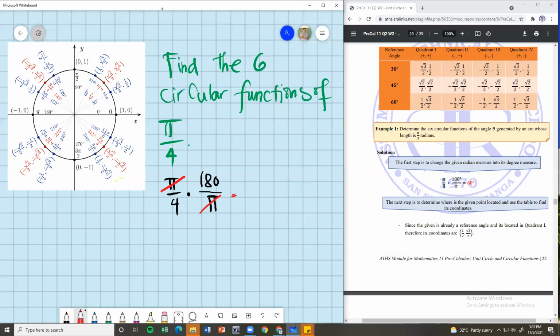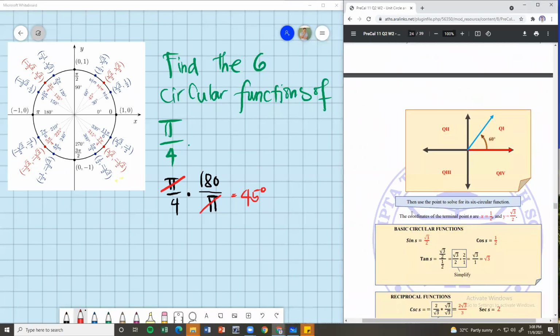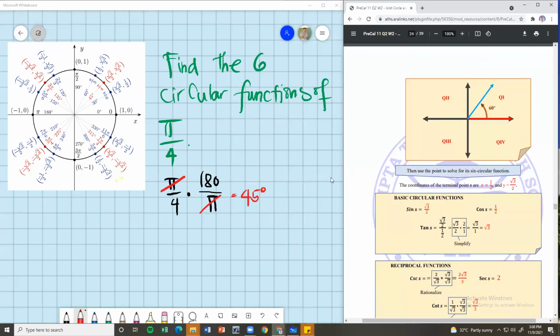That is 45 degrees. So therefore, from here, you can already identify your circular functions. So therefore, let's focus on the 45 degrees. So it's just like a practice. Bumabalik-balik tayo dito para pa-practice kayo. There you go. Let's go on to 45.